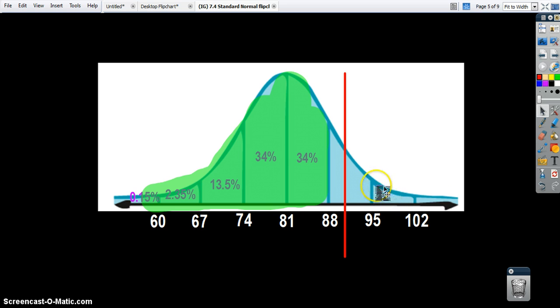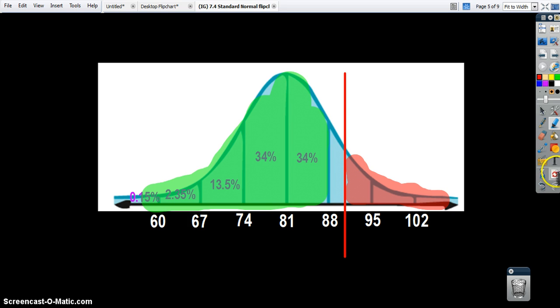Okay, so we're trying to figure out what percent of students would be in this area right here.